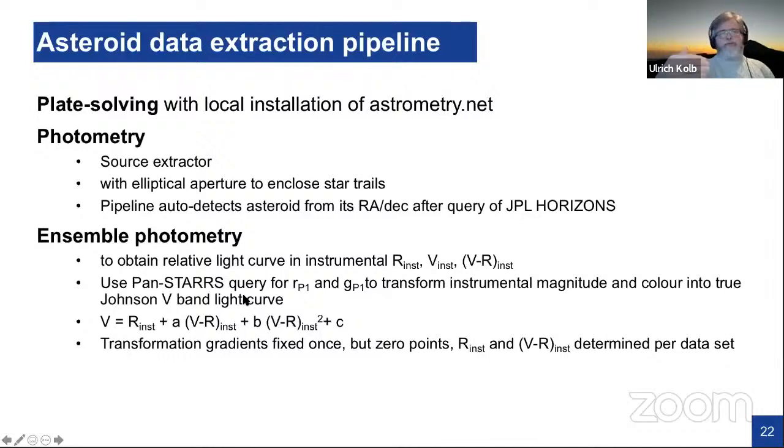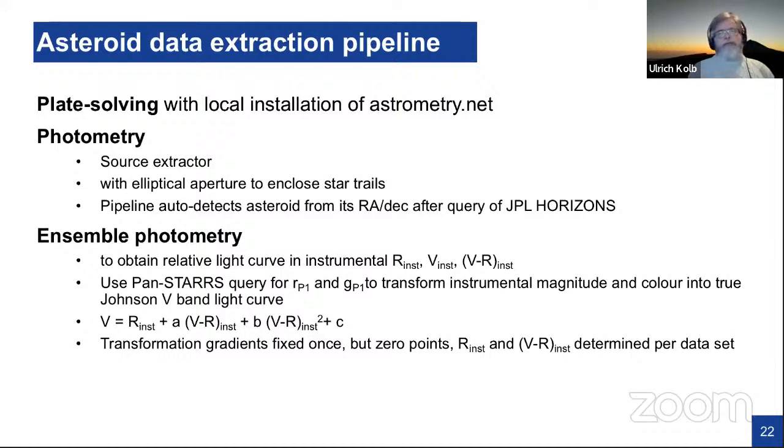And this is absolutely vital if you do light curves, in fact phase curves, for asteroids: you have to have the actual magnitude. You need to transfer it to the true magnitude.